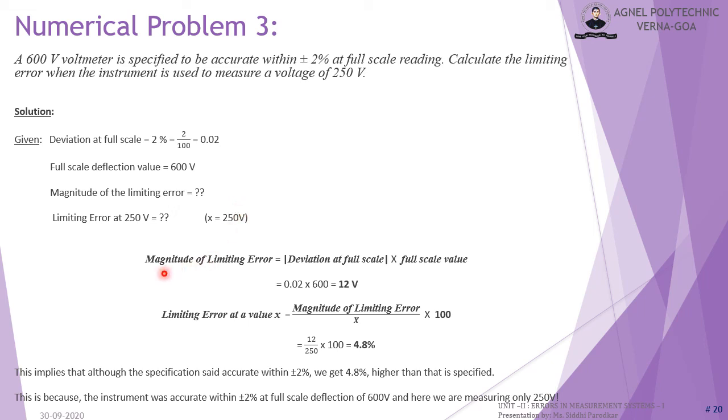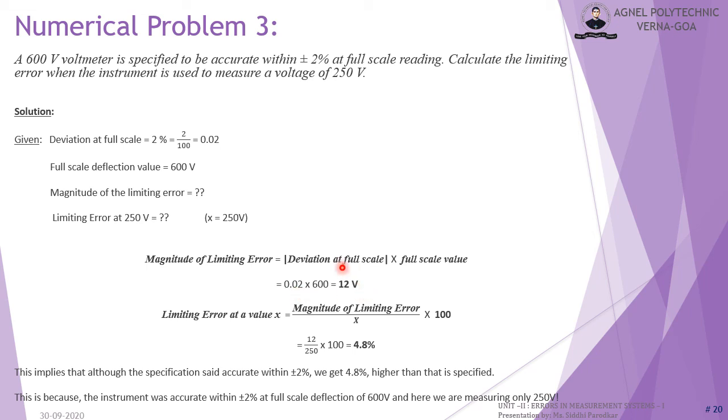First, we have to find magnitude of limiting error because the formula of limiting error requires the value of magnitude of limiting error. So, magnitude of limiting error is given as absolute value of deviation at full scale multiplied by full scale value. Deviation at full scale is given as 0.02 multiplied by full scale deflection value, which is equal to 600 volts.